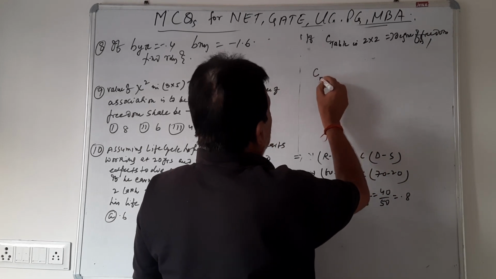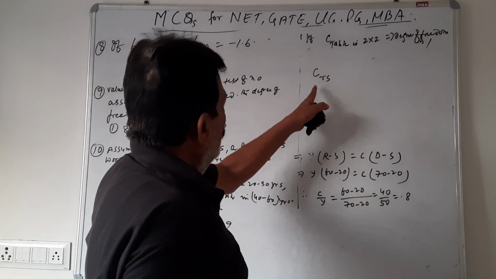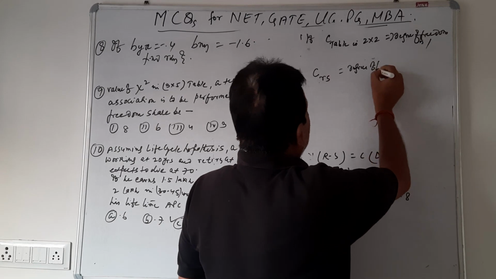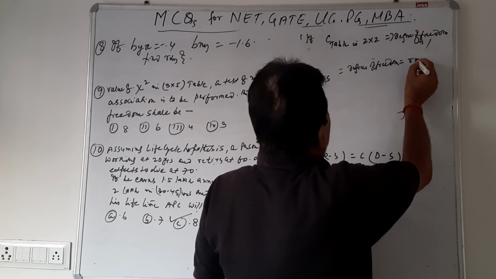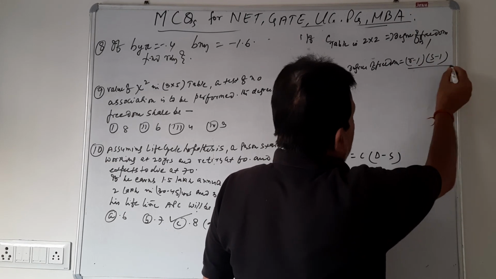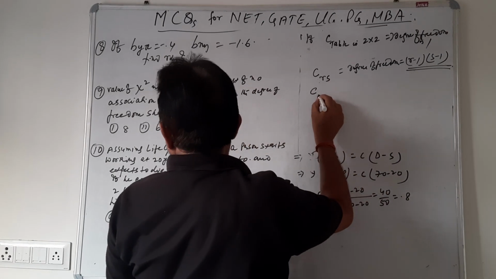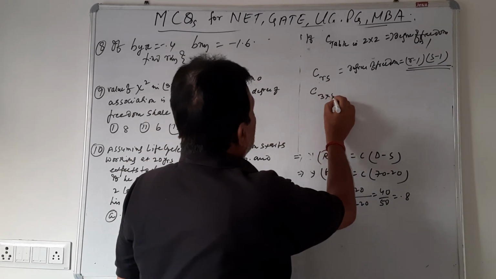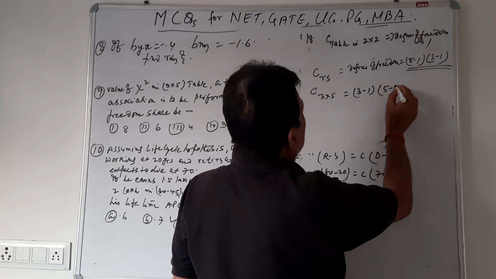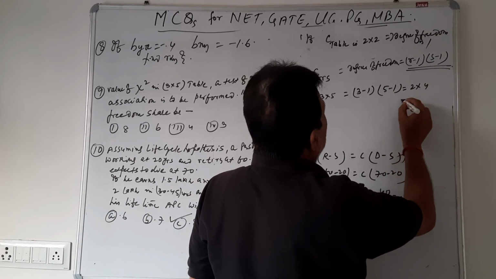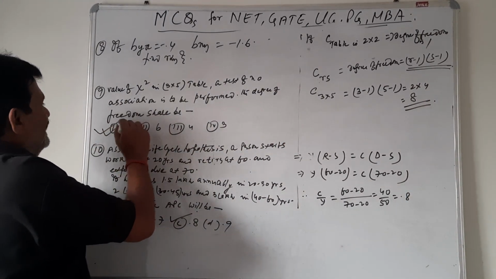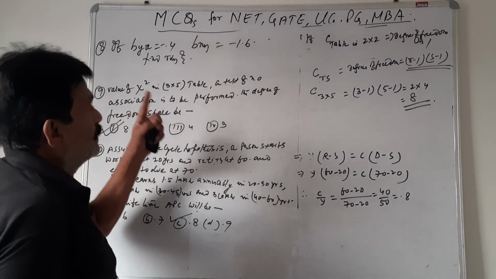But if the contingency table is r into s, row into column, then the degree of freedom would be r minus 1 into s minus 1. This is the formula. Now we have a 3 into 5 contingency table, so the degree of freedom would be 3 minus 1 into 5 minus 1. So 2 into 4, and that is 8. So the degrees of freedom while testing would be taken as 8 in a chi-square test.